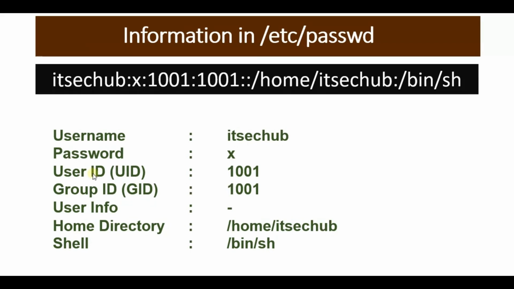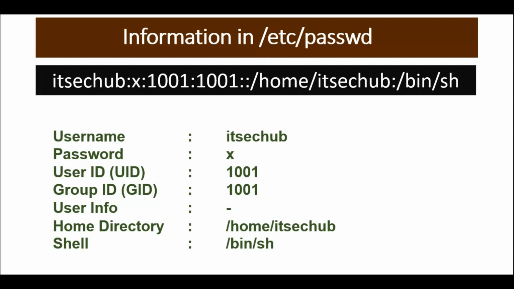The third field is the user ID, and it is a unique identification number assigned to the user at the creation of the user login. Similarly, another group identification number is also created, and it is the group ID.